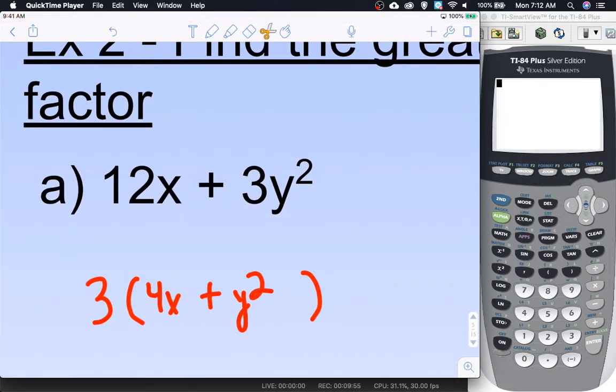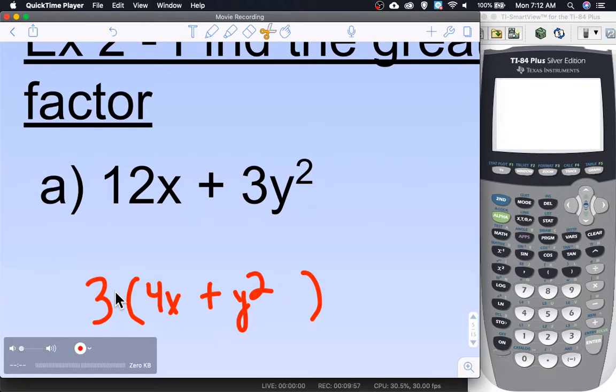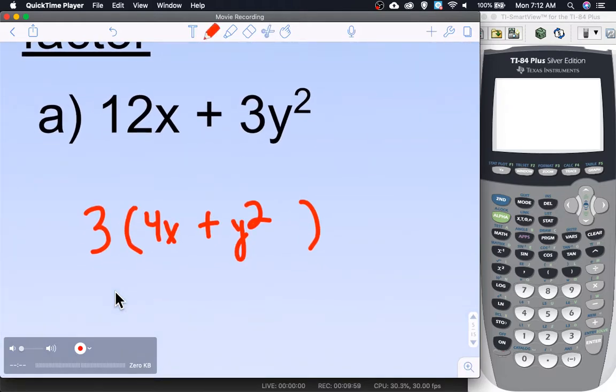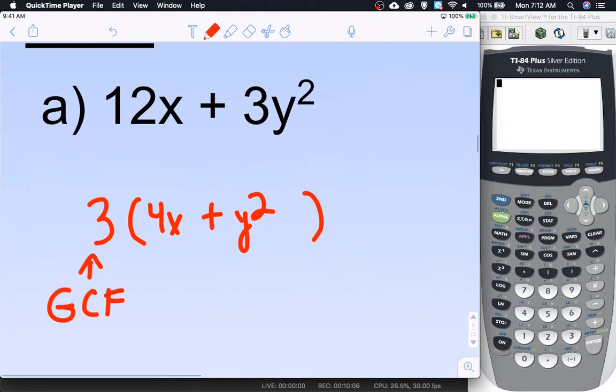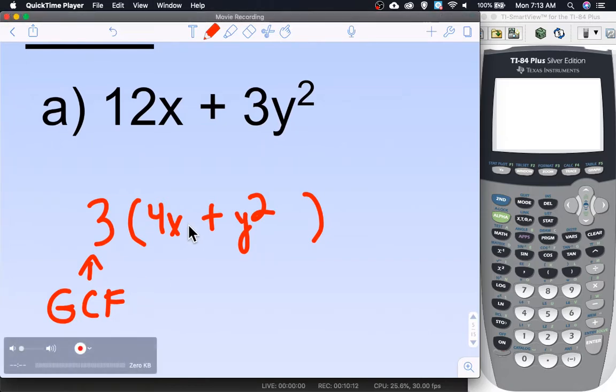That 3 was the only common factor. And by the way, this 3 right now would be the greatest common factor of that binomial. So if the problem said find the greatest common factor in this problem, it's 3. It's the biggest amount of stuff I could pull out of the problem.